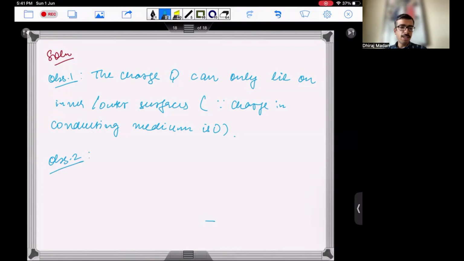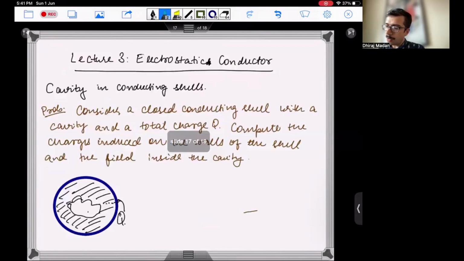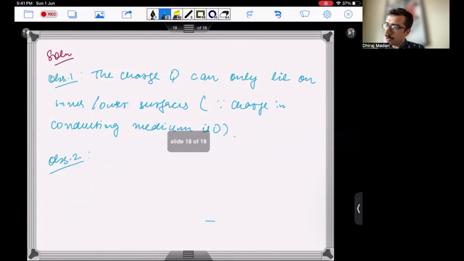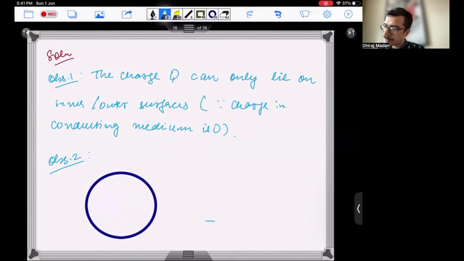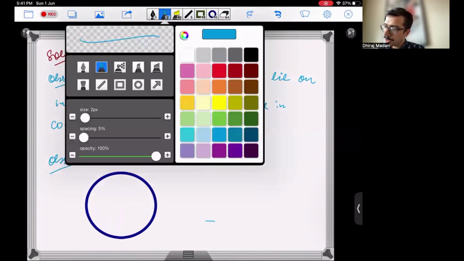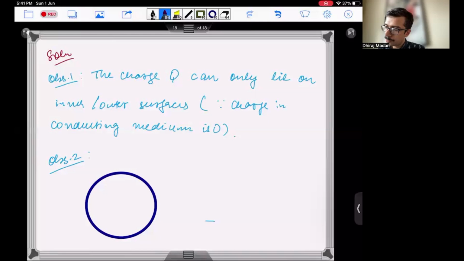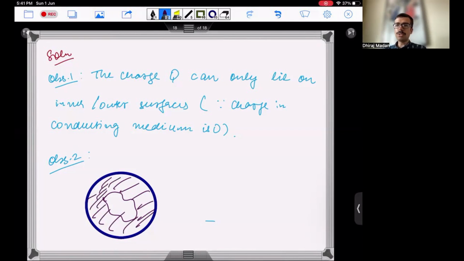The second observation is something we have to reason out. If you look at that same cavity, this was the conducting medium, and this shaded portion is the bulk of the conducting medium.